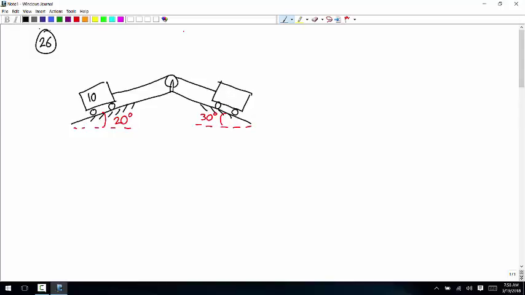The one on the left is 10 kilograms, and on the right is 12 kilograms. It asks for accelerations and force vectors. That's it.